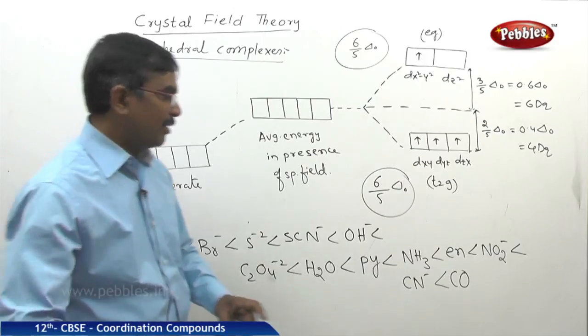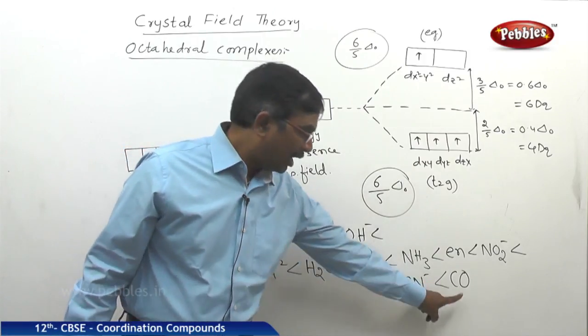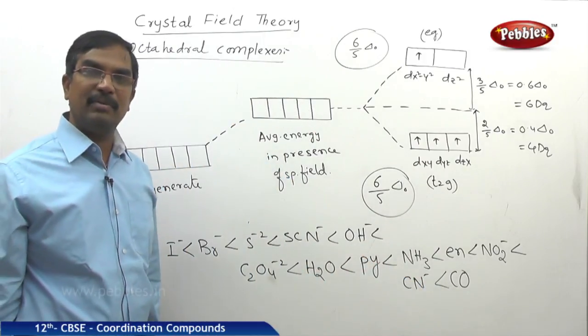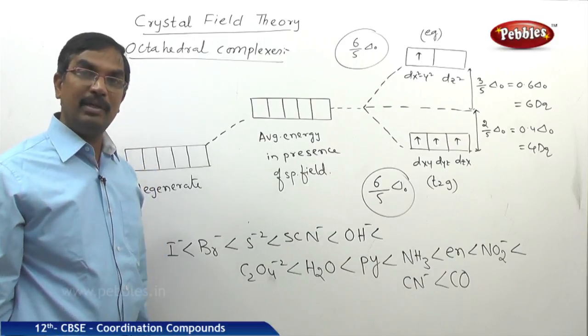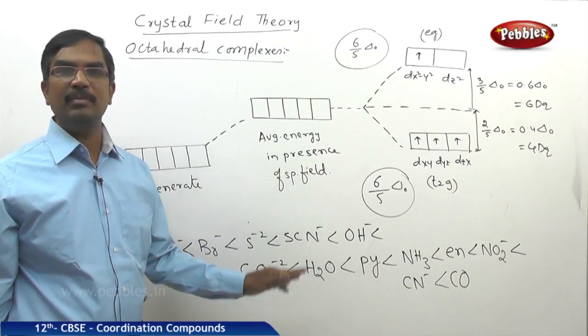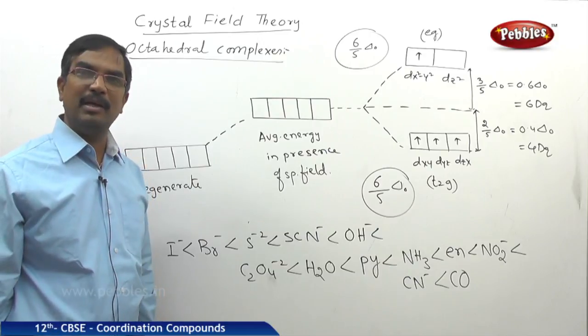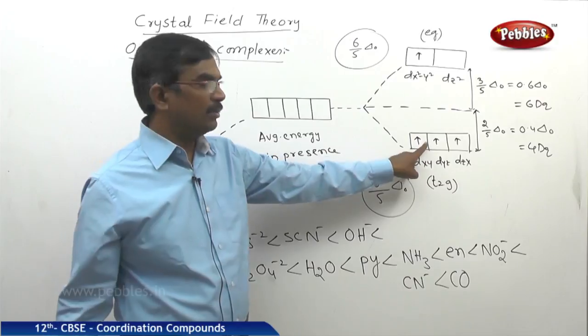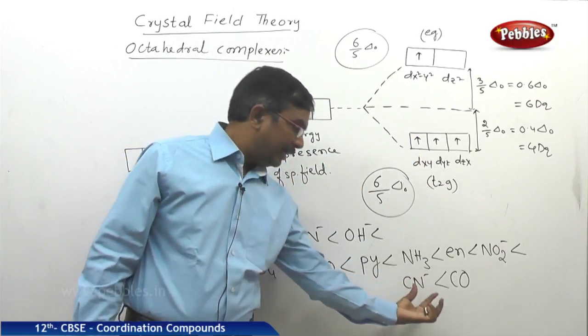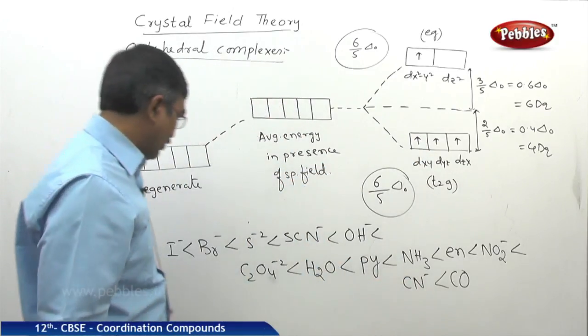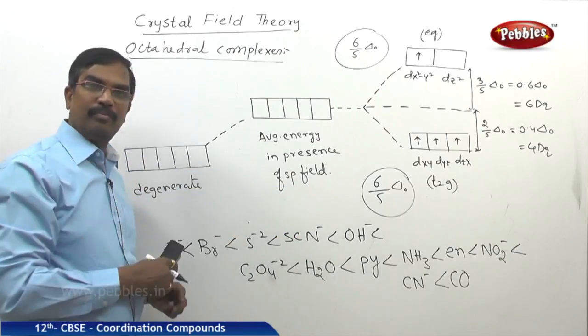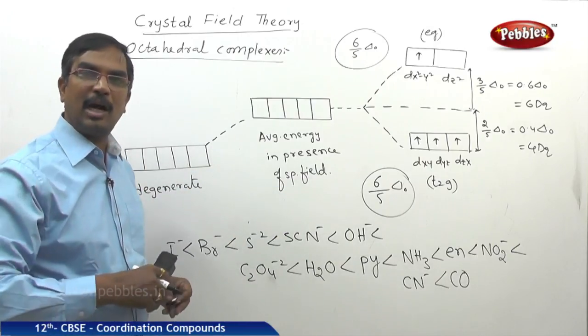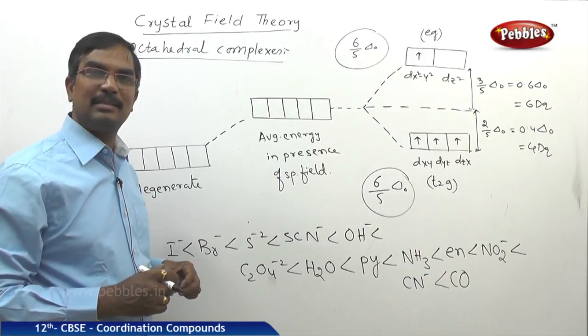So when we come across CN minus or CO as ligands, these are the strongest field ligands. In their presence, the electrons will automatically be paired up. As I have shown, the fourth electron will pair up in the presence of the strong field. So from left to right, the field strength of the ligands increases.